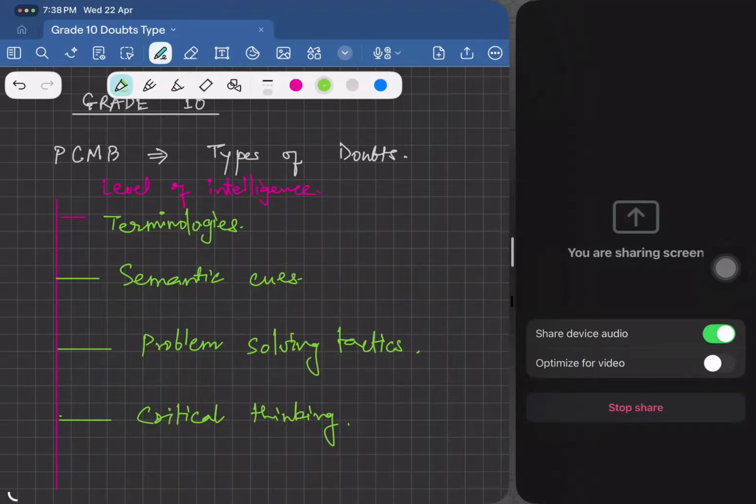Whatever concept you're learning, you should be able to learn it with all these levels of intelligence. First is terminologies, second is semantic cues, third is problem solving tactics, fourth is critical thinking, and last is creativity.